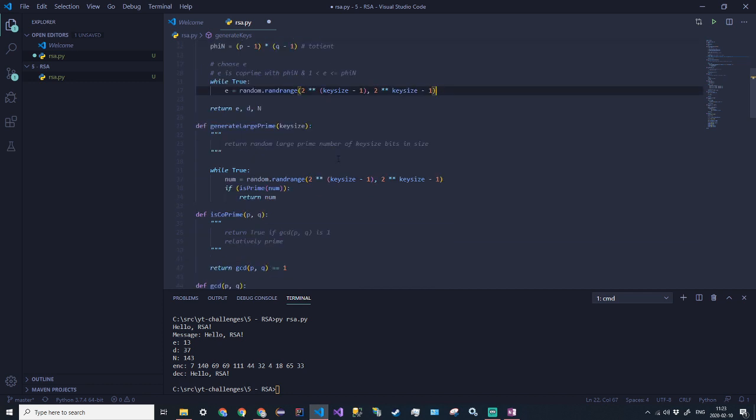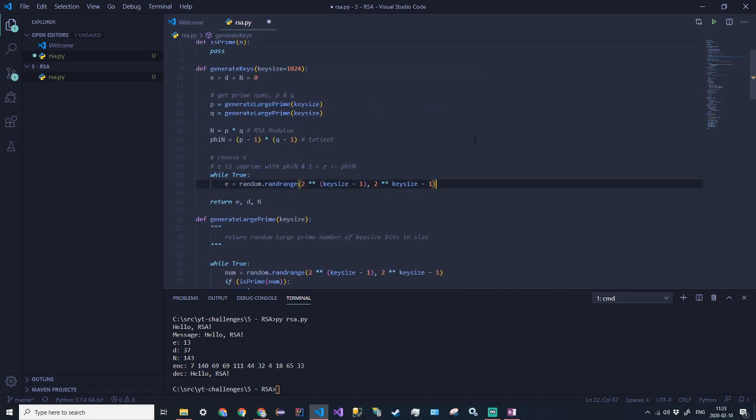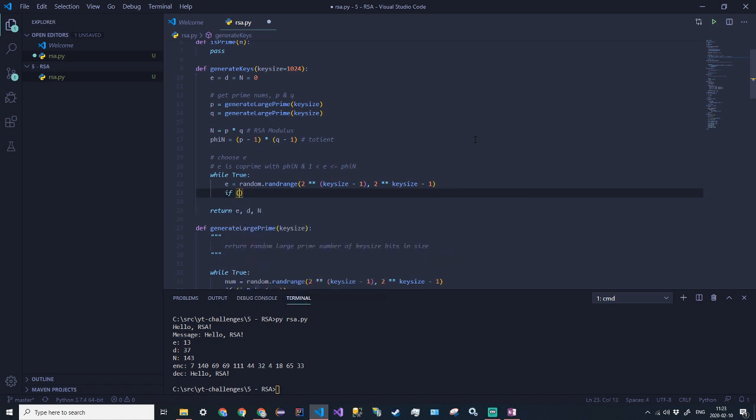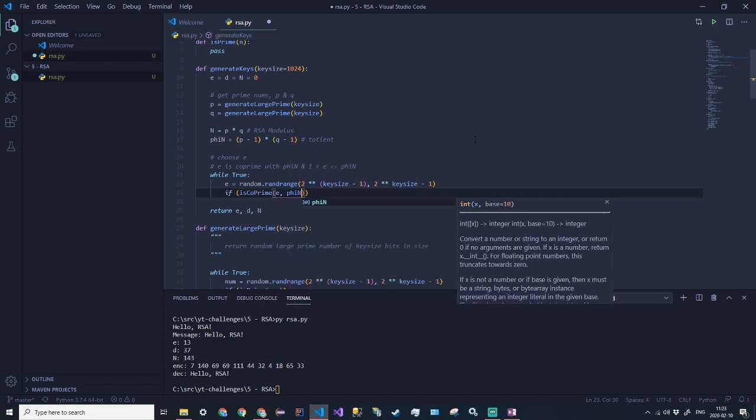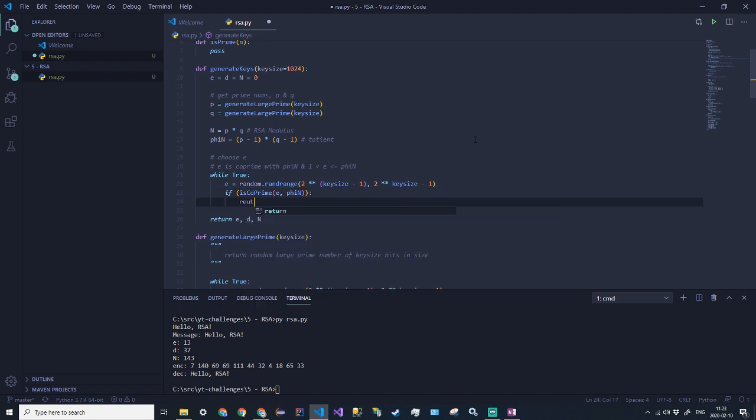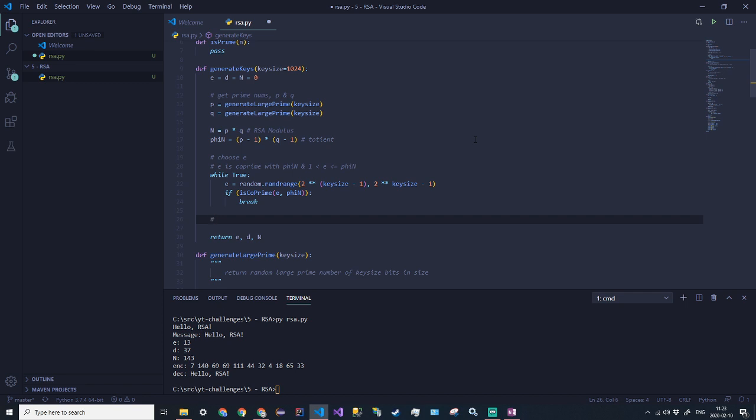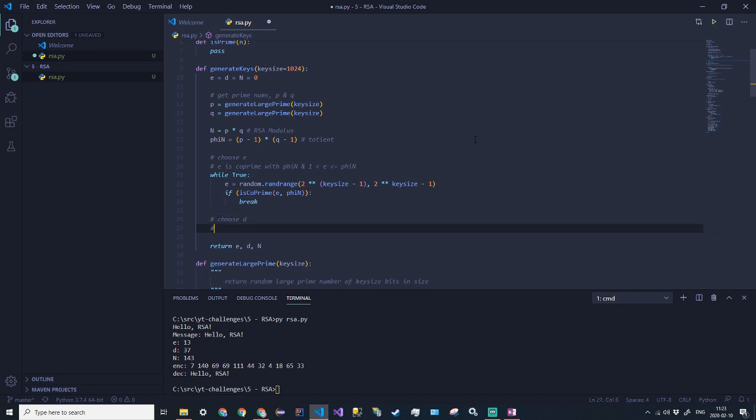Let me just make sure I did that. Yeah. And then we just want to check if is co-prime E and phi of n, then break, because we've determined what E is.